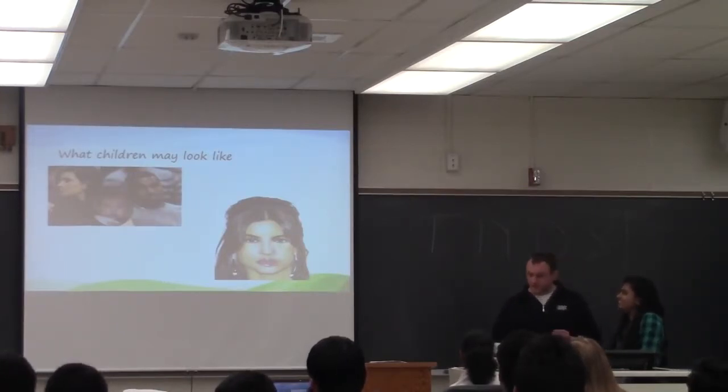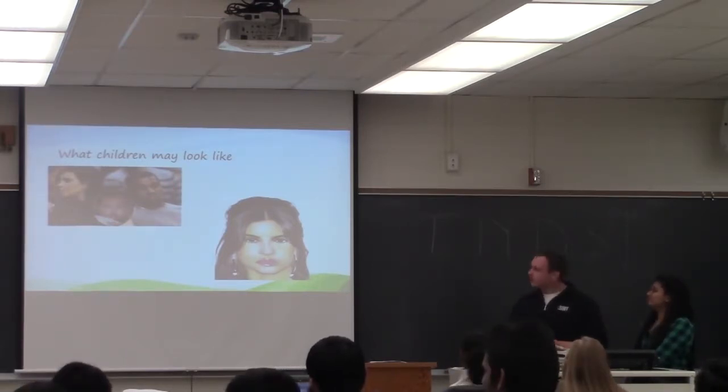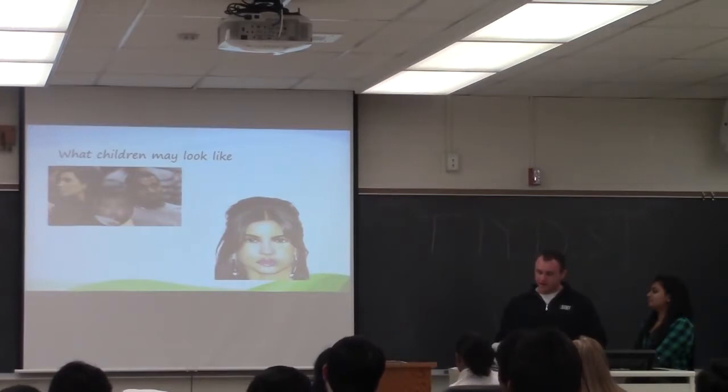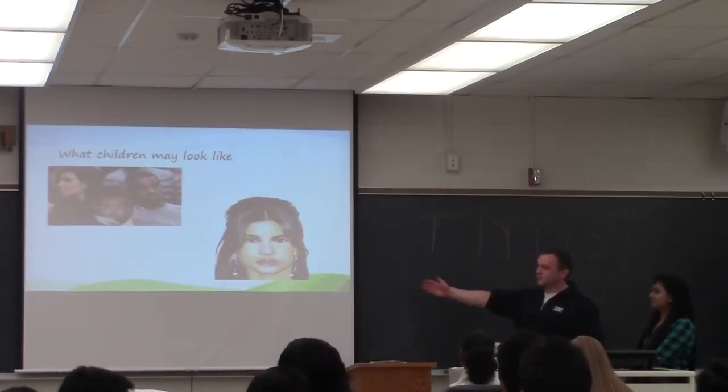And then basically in the future, the technology will hopefully go into where the probability of a person actually looking like that will be increased, and it'll give a much more realistic picture than you see here.